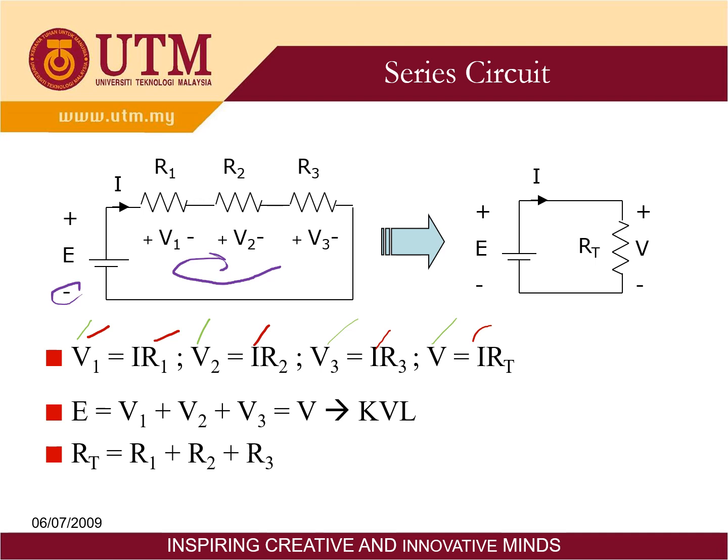So E equals V1 plus V2 plus V3, because the loop here is meeting the positive part. So you get this equation. If you insert all the values, you can say that RT equals R1 plus R2 plus R3.